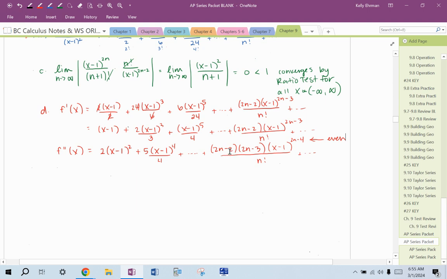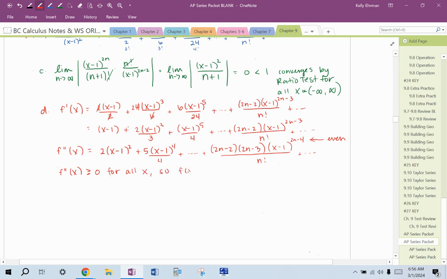Because assuming that our n starts at, I guess it could start at 1, you would get 0 times a negative, or 2, you're going to start getting positives out here. So f double prime of x is always positive, or you could say, let me shorten this up, f double prime of x is greater than or equal to 0 for all x.